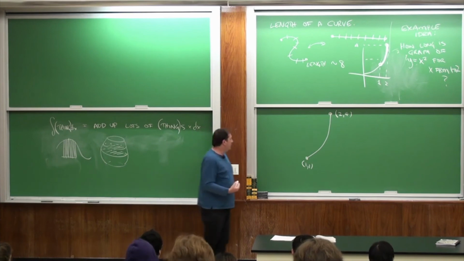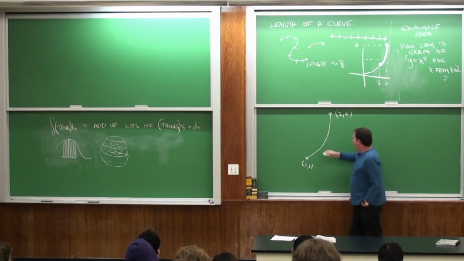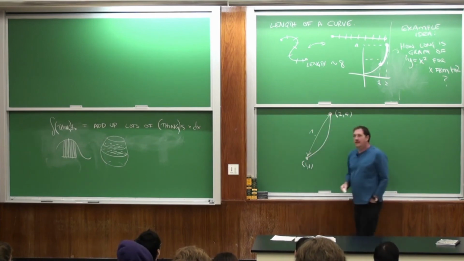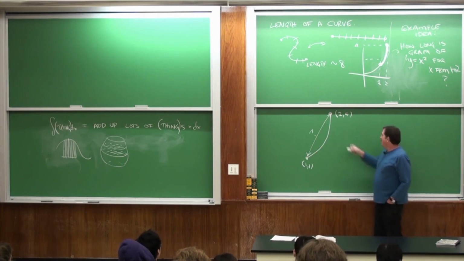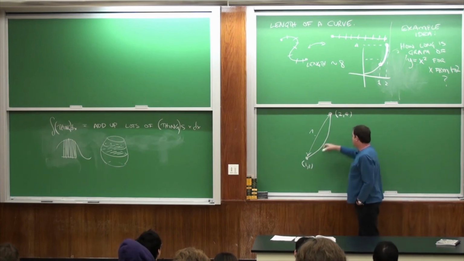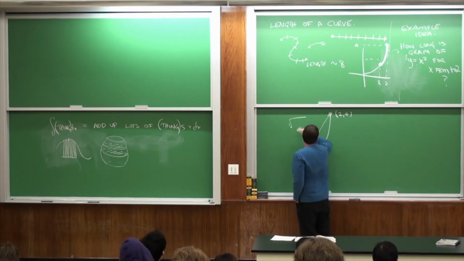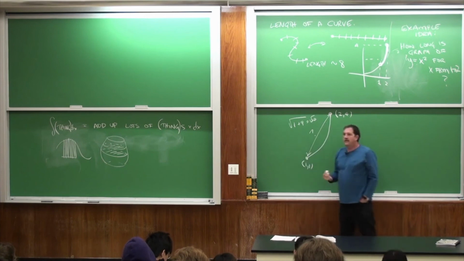So we can estimate this by saying, well, how long is this? It's certainly longer than the distance between this point and that point, which is the square root of 1 plus 9, square root of 10, which is between 3 and 4.